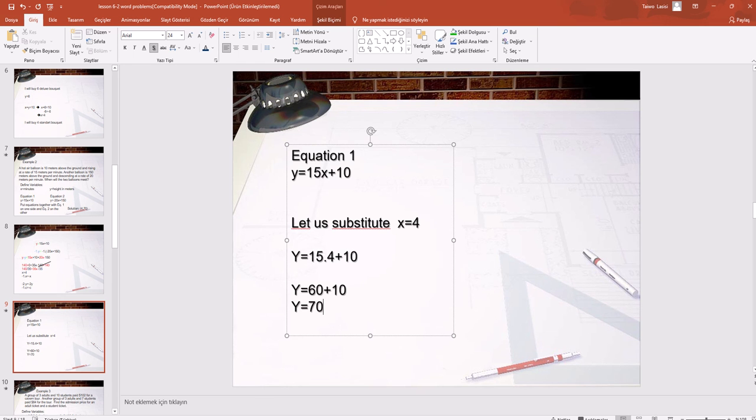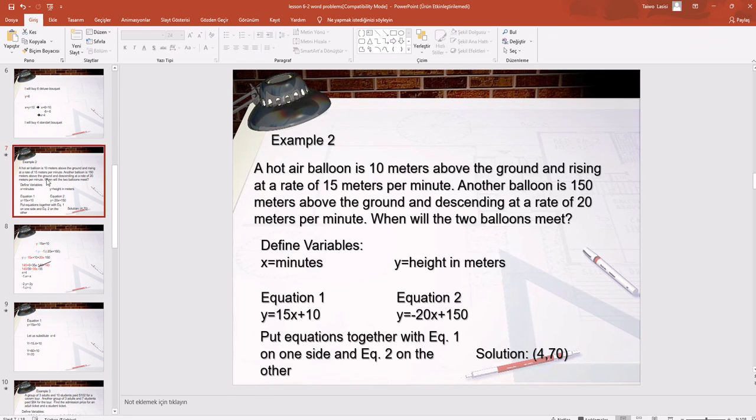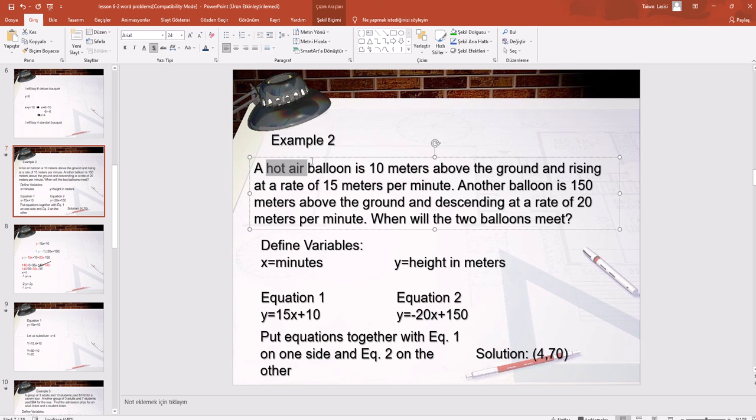Did you find it? So what does this mean? At 70 meters and 4 minutes, the hot air balloon and the other balloon will meet.